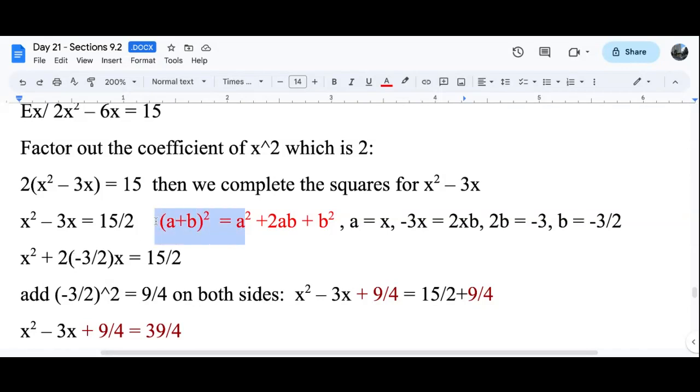Everything, completing squares, comes from this perfect square formula. So that's why, once I figure out my 2b, my b, so b is negative 3 over 2, what do I do? I add b squared to make a perfect square. If I have this 3, that gives me a plus b squared. Does it make sense?